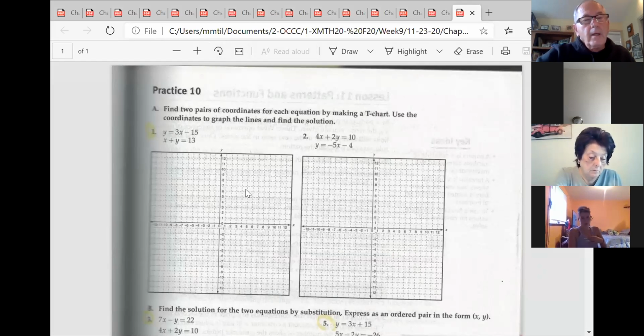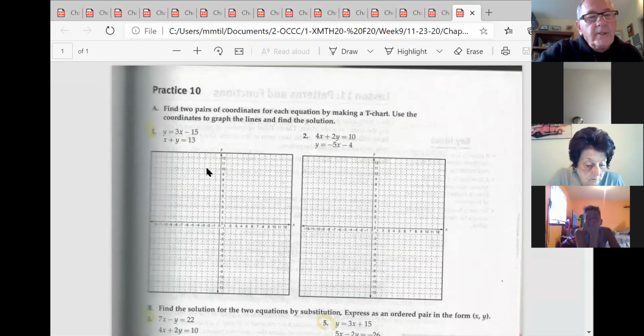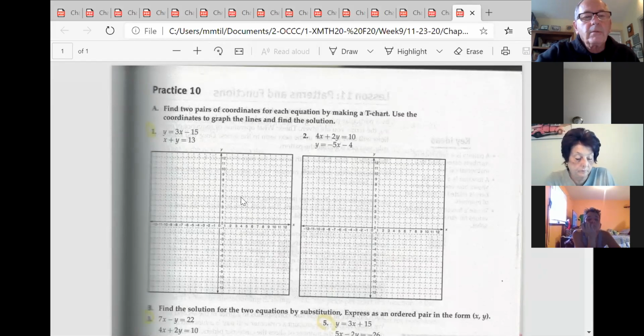Okay, so here, what you have to do in this one is graph these two lines. y is equal to 3x minus 15. Graph x plus y is equal to 13. Find out where they cross, and that's your solution, right? They're saying make a t-chart to do that, and that's an x-y table, right?